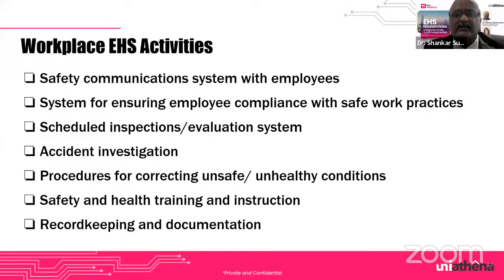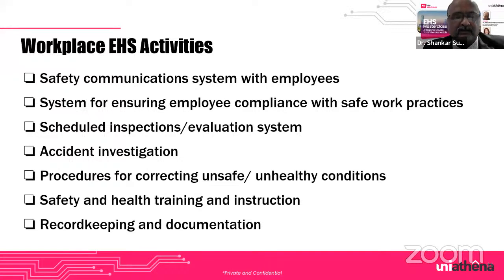Safety communication systems with the employees should be open and transparent, to ensure employee compliance with safe work practices. So you have the system in place, then you ensure that everyone follows it and that compliance is done.